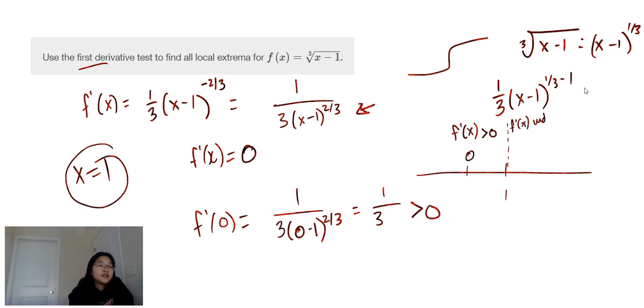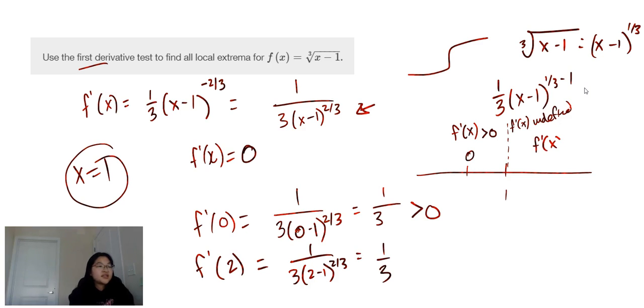And then at 1, our f prime is undefined. And then greater than 1, what's going to happen? f prime at, let's go with 2, is 1/3 times (2 minus 1) to the 2/3 power, and that's again 1/3.